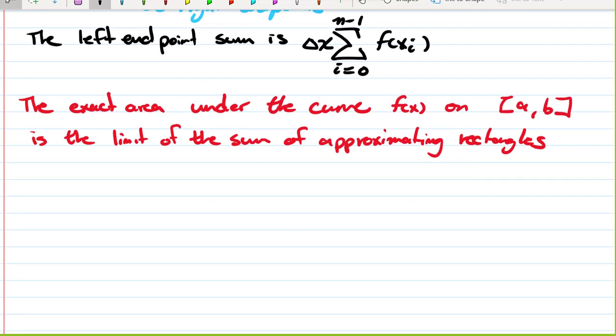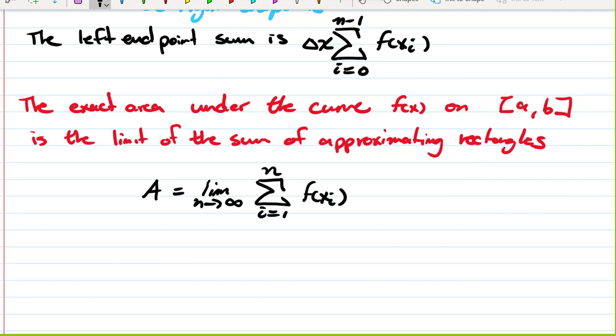So, in other words, the grand conclusion is this: the exact area A is equal to the limit, as n goes to infinity, of the sum, as i goes from 1 to n, of f of x sub i times delta x, which is equal to the limit, as n goes to infinity, of the sum, as i goes from 0 to n minus 1, of f of x sub i delta x.